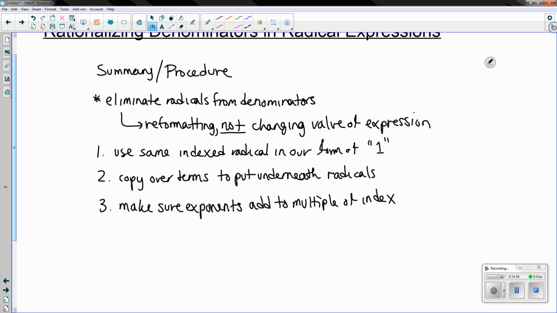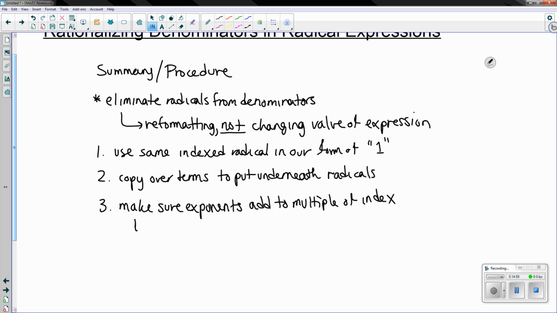That way, when you actually multiply the two radicals together, you're going to have to add the exponent values. And if they add up to a multiple, you'll get a perfect power of whatever the index is, and you'll get a clean simplification that should eliminate the radical.